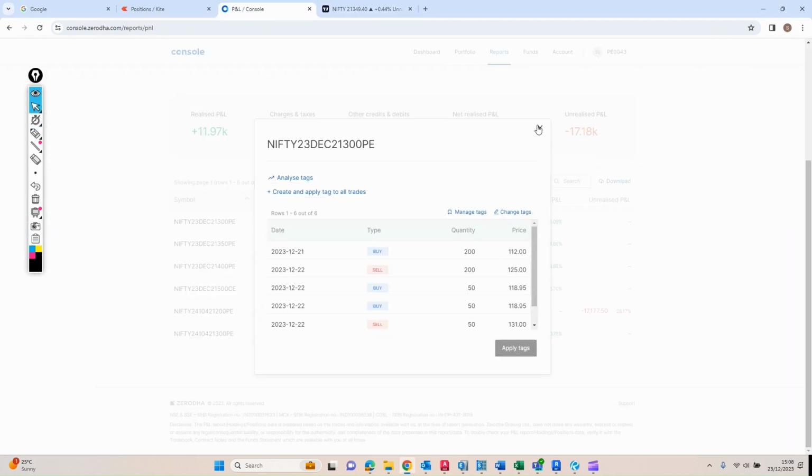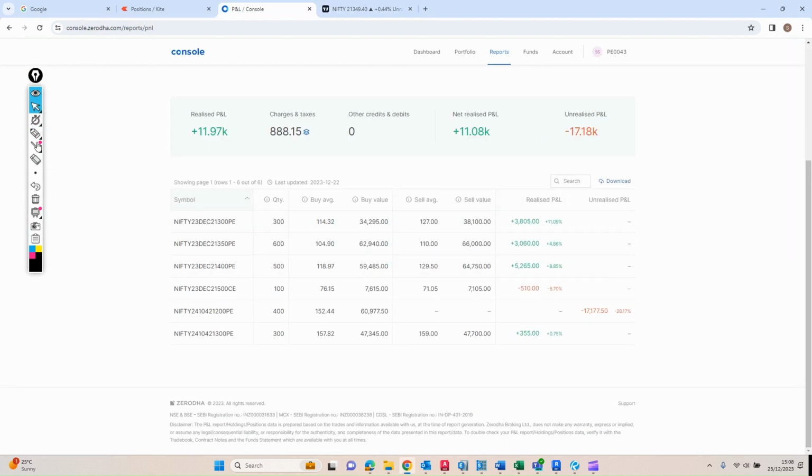Let me show you this 3800 overall profit, and the capital I used was less than 50,000 for this independent trade. With that, I entered this 21,400 PE. However, on the 21,300 PE you can see around 3000 profit, but the amount I used was on a higher side, so this is not applicable for this trade.